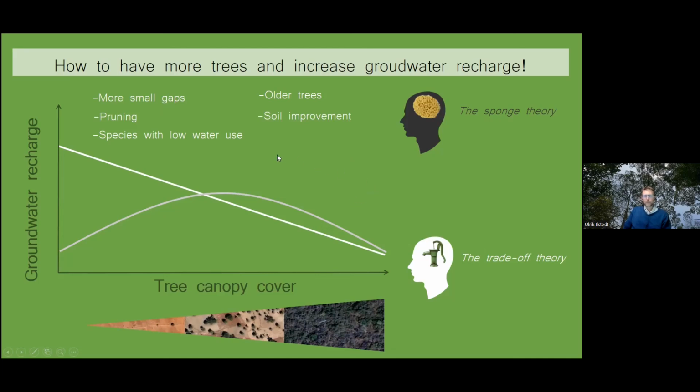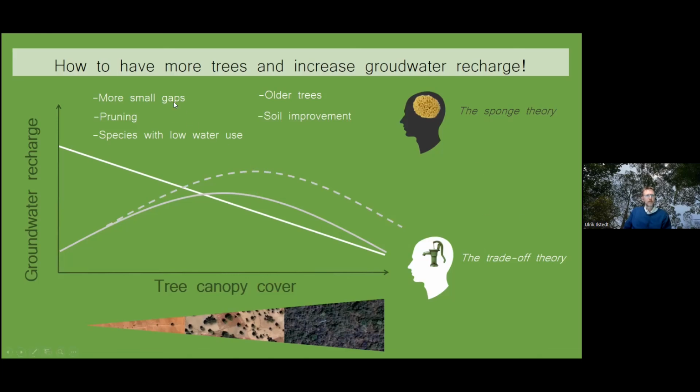It has kind of been lost in the scientific work because we have been thinking that trees are always detrimental for groundwater recharge. But actually, we can do a lot of things more that can improve this even further.